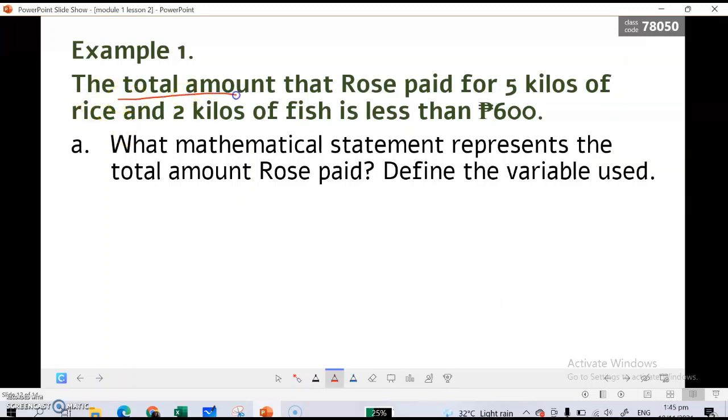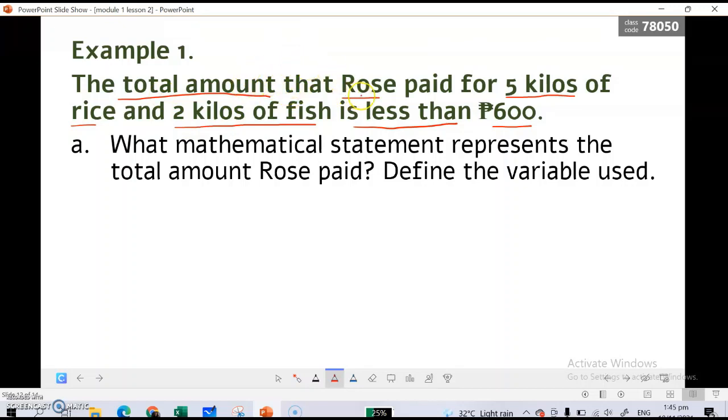We have here the total amount that Rose paid for 5 kilos of rice and 2 kilos of fish is less than 600. So, itagalog natin. Ang total, ano bang Tagalog sa total? Alam niyo na may ibig sabihin ng total.